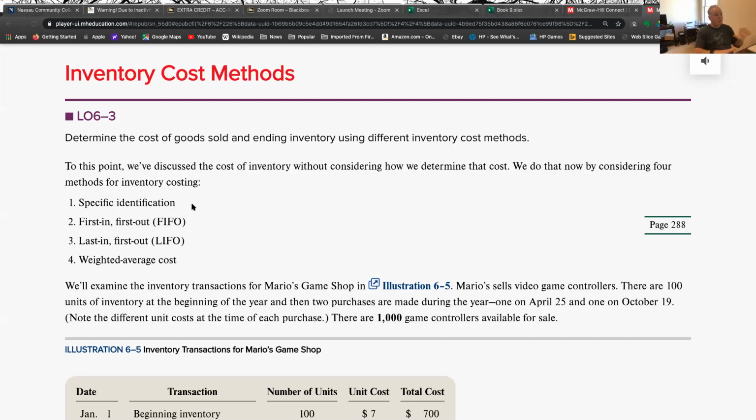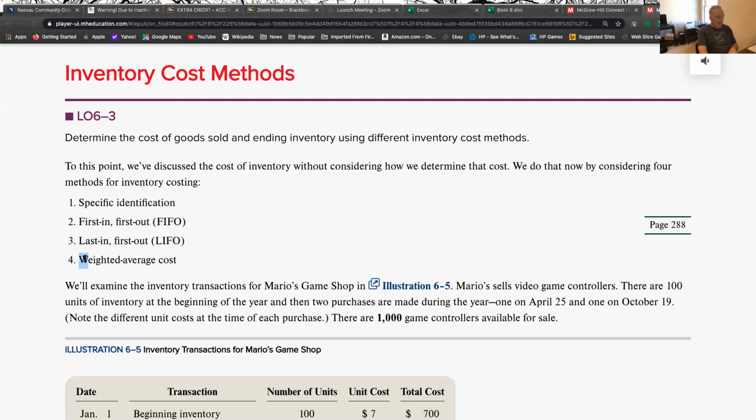Each one is totally separate and different than the others. You pay different prices for them, and it's easy to keep track of it that way. But once you start to increase the inventory, once you have multiple purchases of inventory where you pay different prices, different terms, etc., you have to use one of the other methods.